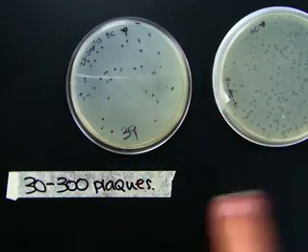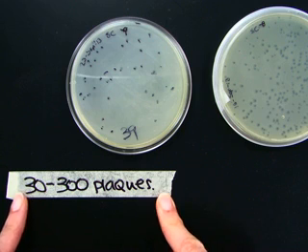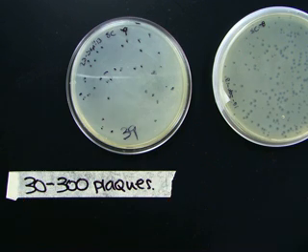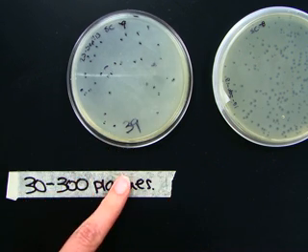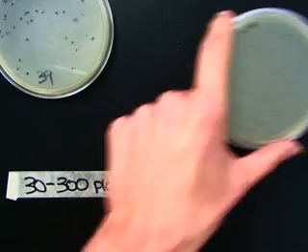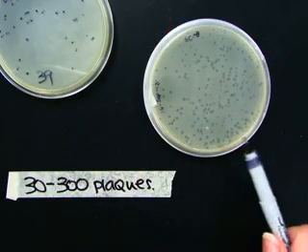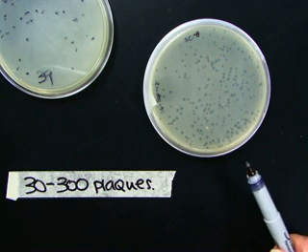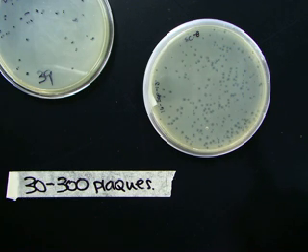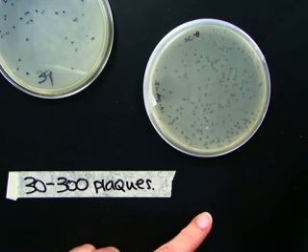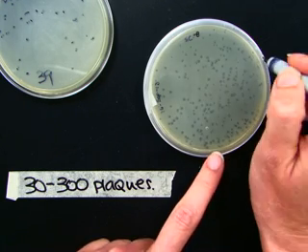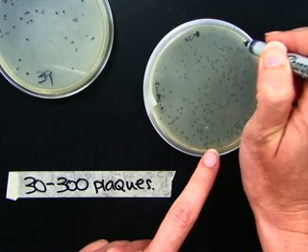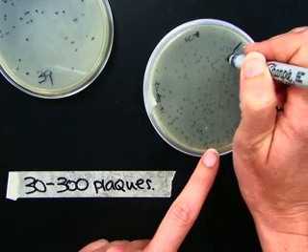Happily for us, this falls within our 30 to 300 countable plate requirement. So we're going to use this number for calculation here in a minute. If you have a plate like this that also falls within the countable plate parameters but has a lot of plaques, what I would do with this plate is still use your little Sharpie, and I would mark off sections of the plate to count.